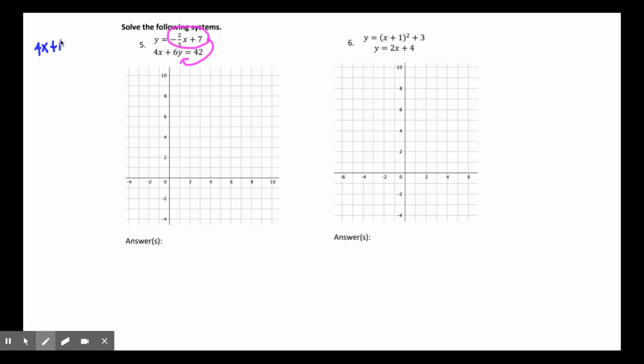4x plus 6 times (negative 2/3 x plus 7) equals 42. And then that's 4x. And then you want to distribute this 6.